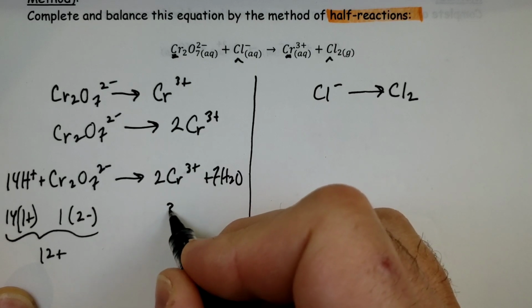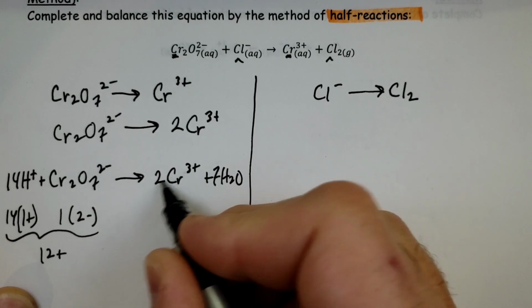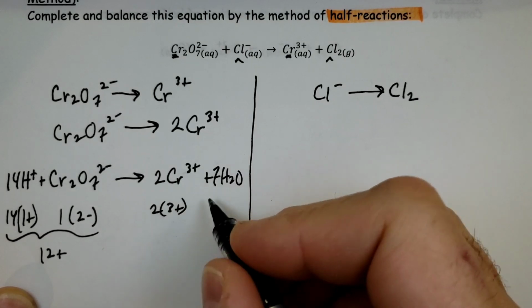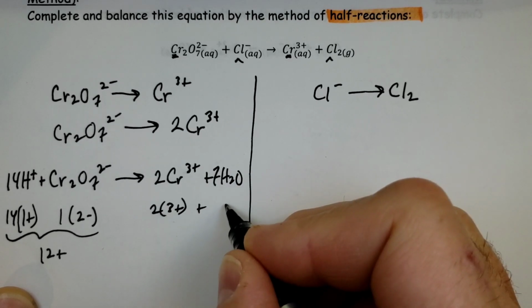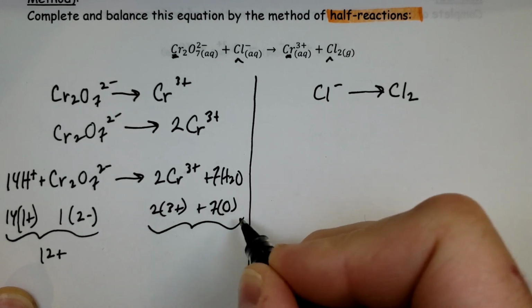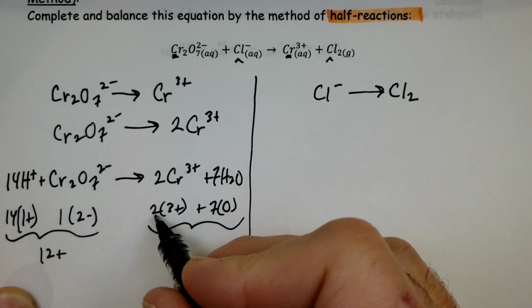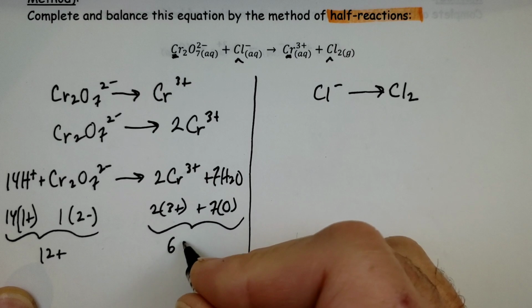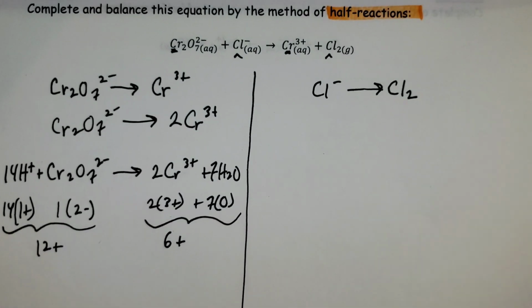Over here I have some 3 positives, and I have 2 of them. And over here, water, of course, is neutral, 7 of them. So that's going to give me 0, 2 times 3, 6 positives. All right, so the charges don't balance.